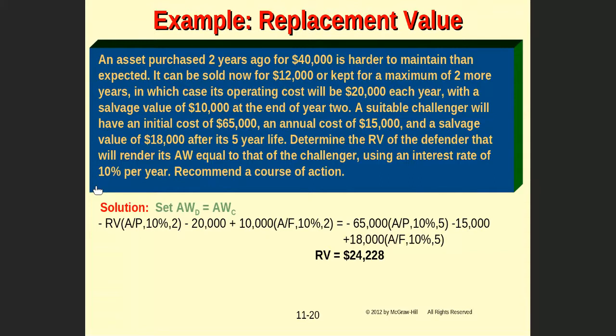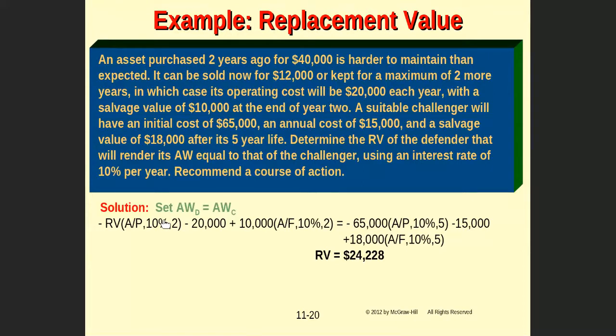Okay, so whenever we hear that we need to find the RV or the replacement value, we have to equalize the annual worth of each option, which is the defender and the challenger. In the defender case, the first cost will be considered unknown, because we need to find it.